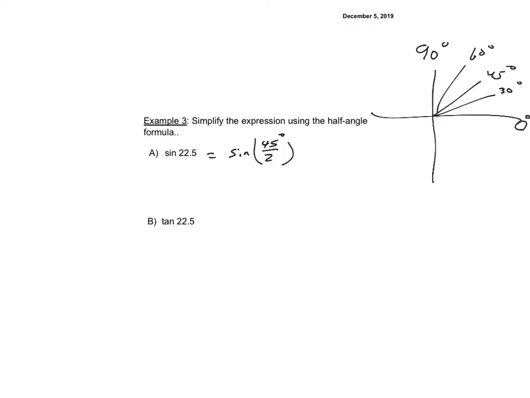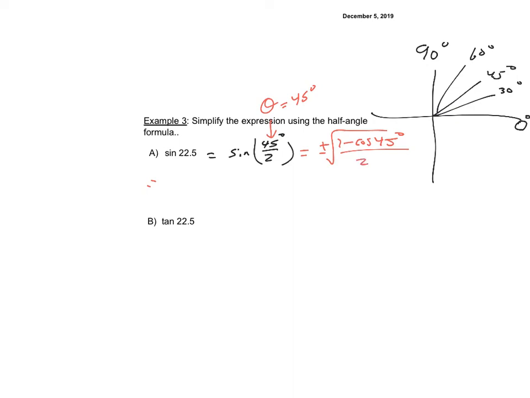So remember how this goes. This 45 here is your theta or your x. So then the formula says, we'll do plus or minus the square root of 1 minus cosine of 45, divided by 2.